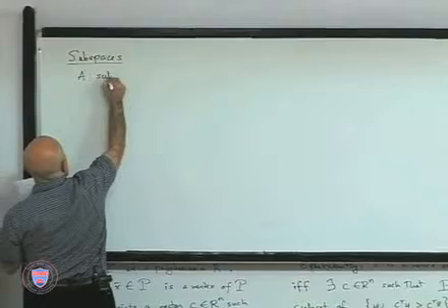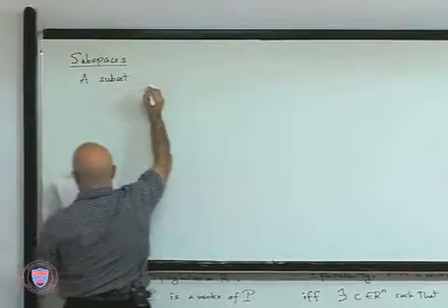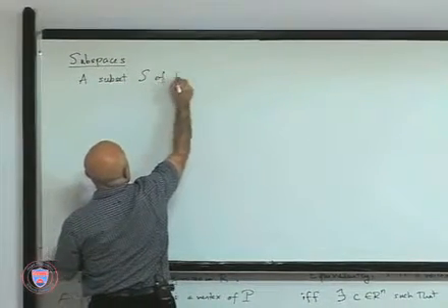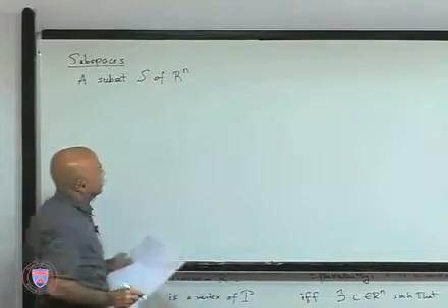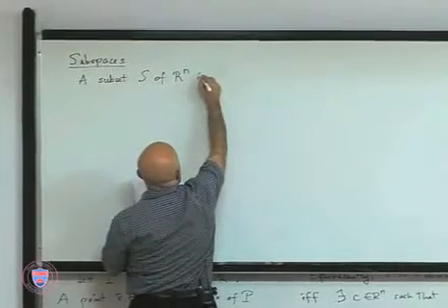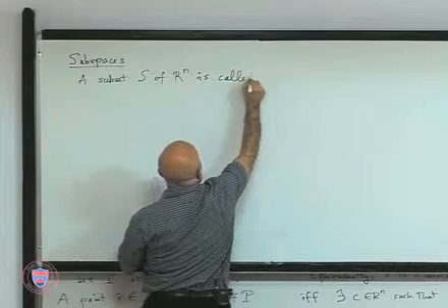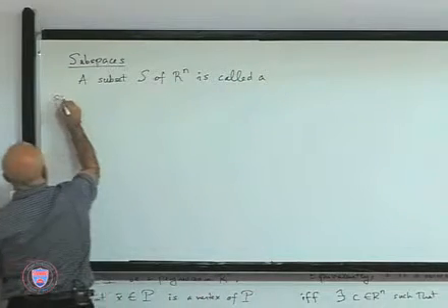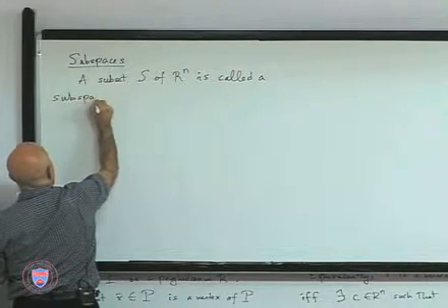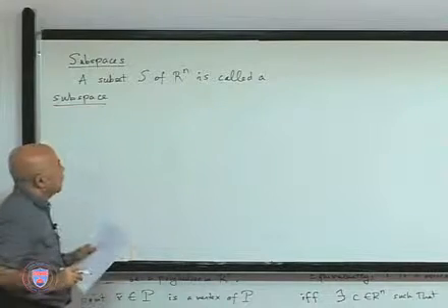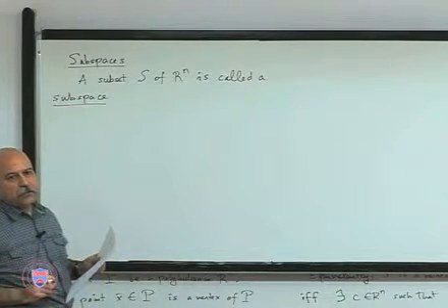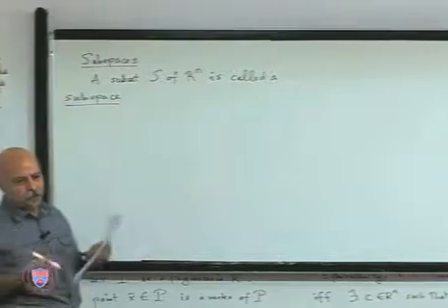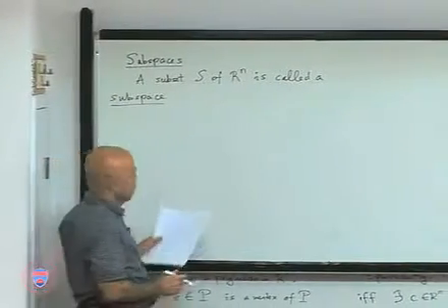This is a definition again. A subset S of the n-dimensional space is called a subspace if the linear combination of any two points of the set is also in the set. That's it. Okay?